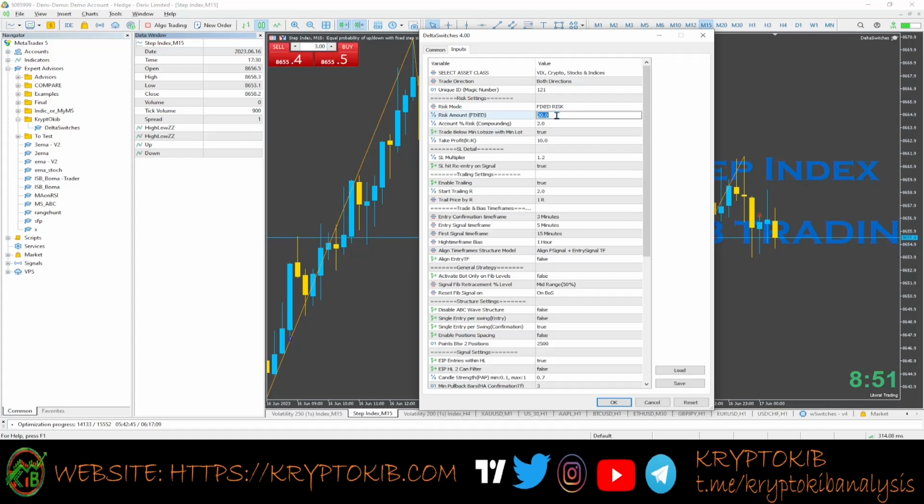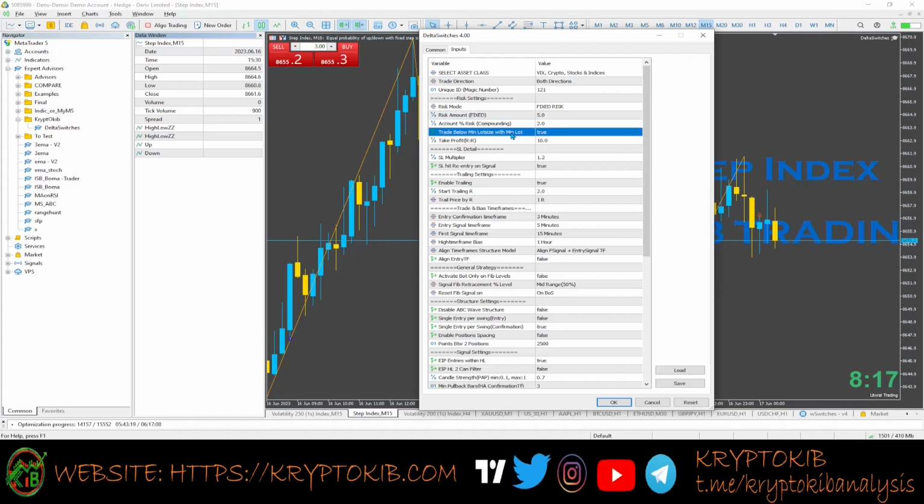Let's assume you want to risk maybe $1. On Volatility 100 index, the minimum lot size is 0.2. If you are trying to risk maybe $5 or $10, and you get a position size after calculation of 0.1 lot, 0.2 lot is the minimum lot size, which means 0.1 lot cannot open a position.